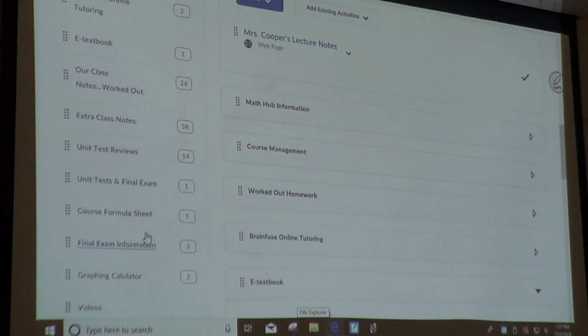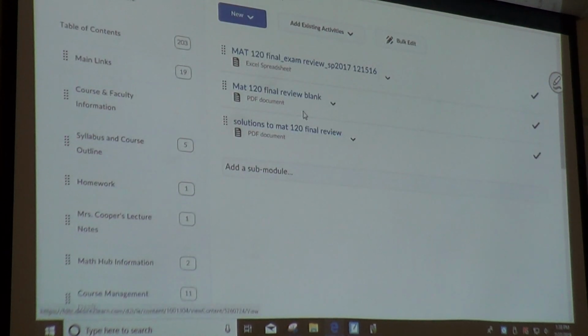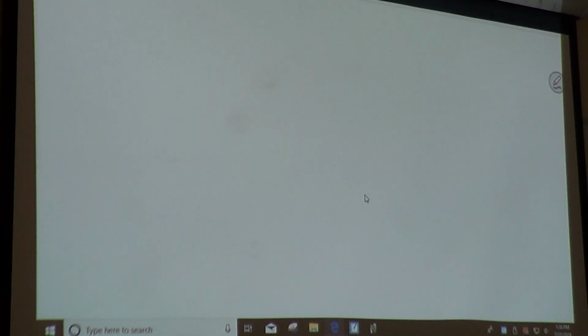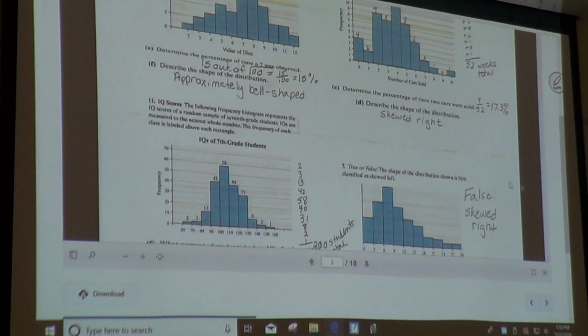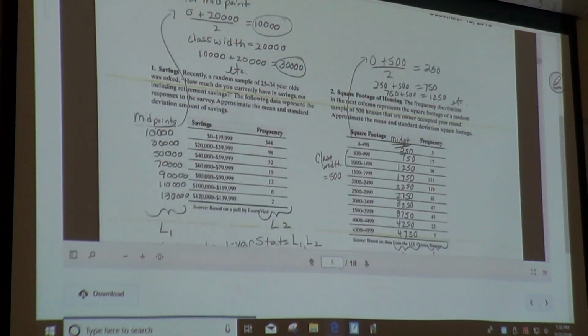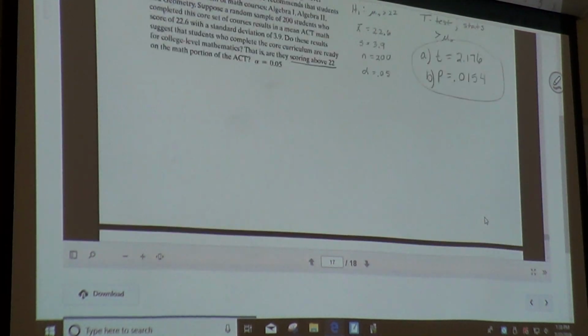I go under final exam information, and let me go to the solutions just to pull that part up and show you. We haven't done 10.3.